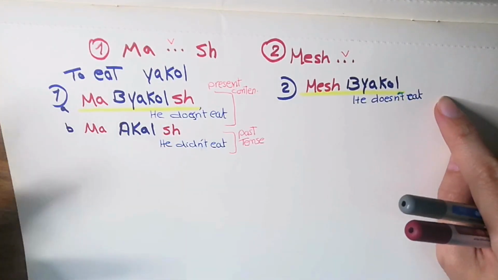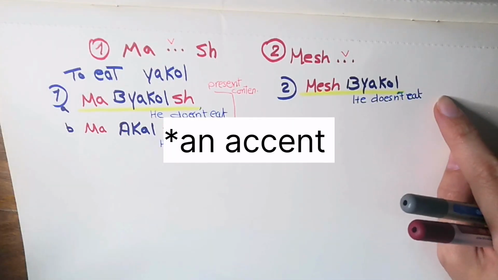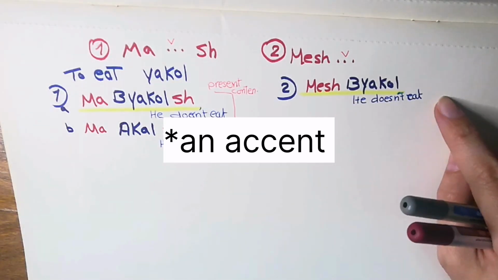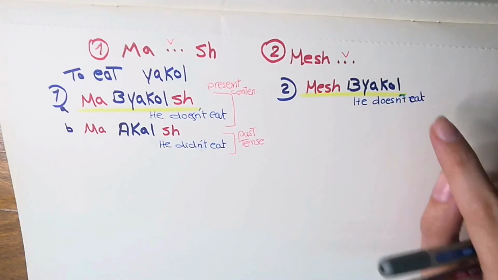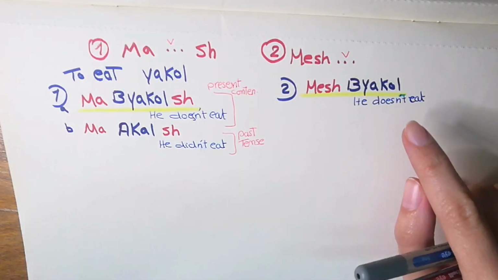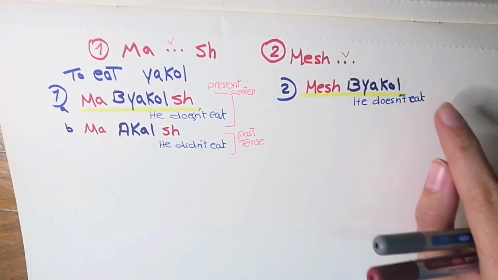But this is very rare, and it's sort of a dialect of a certain part in Egypt. But usually when you want to use the mish form, you want to use the present continuous tense.